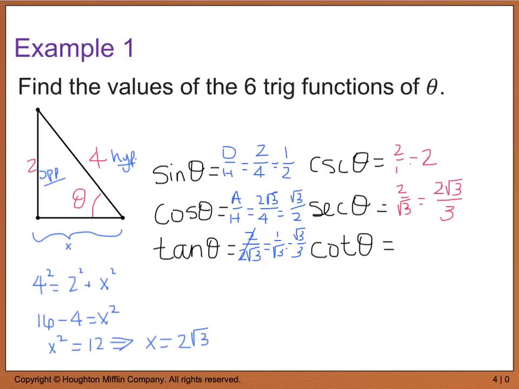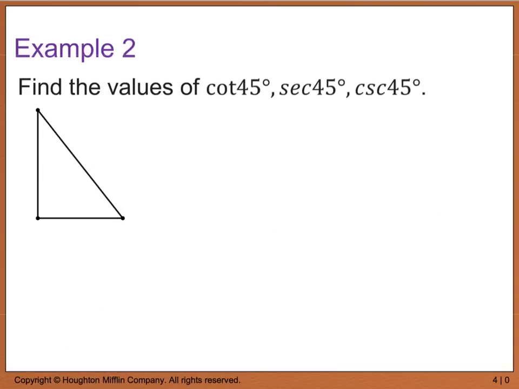And the reciprocal of tangent is cotangent, so I have 3 divided by the square root of 3, which gives me 3 square roots of 3 over 3, or just the square root of 3. And now I'm done. Now, for example 2, we want to find the values of the cotangent of 45 degrees, secant of 45 degrees, and cosecant of 45 degrees.